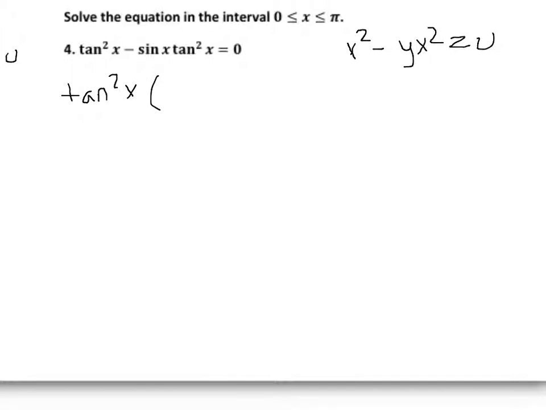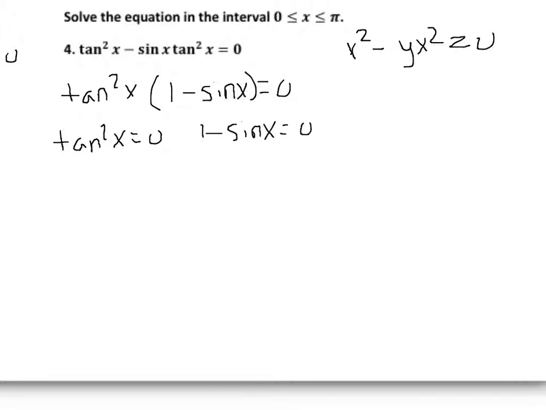And then you'd have 1 minus sine x equals 0. So I have tangent squared x equals 0, and 1 minus sine x equals 0. So subtract the 1. Divide by negative 1. So you get sine x equals 1. And then we have tangent, so square root.